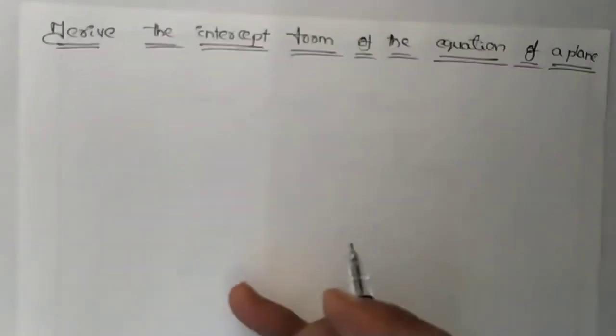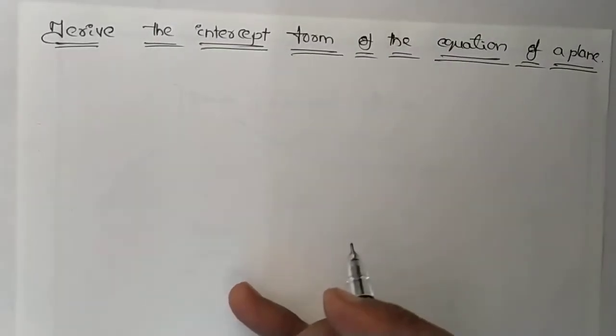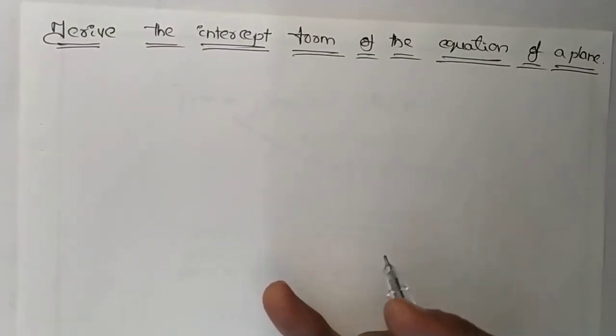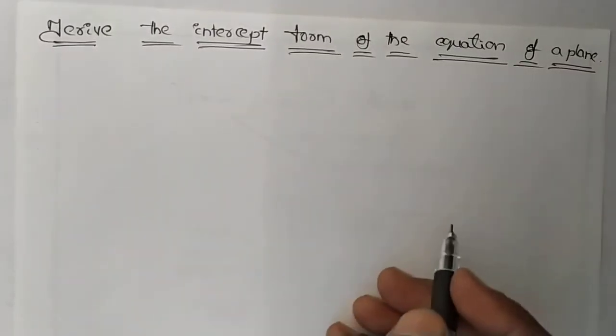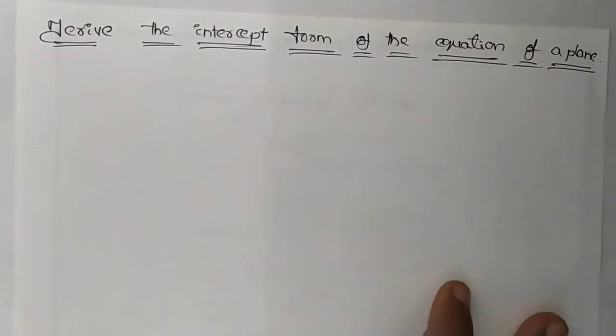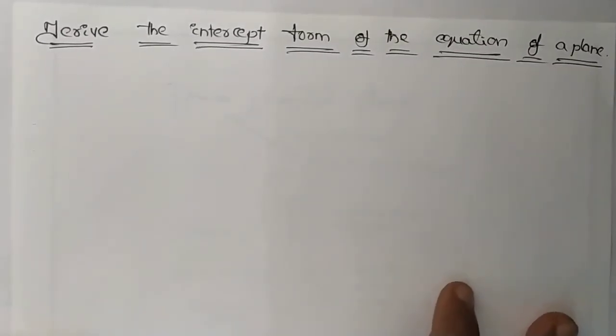We know the intercept form of the equation of a line. What is the intercept form of the equation of a line? That we already discussed in our first PUC. The equation of a line in intercept form is x by a plus y by b plus z by c equals 0. These things we already learned in our first year PUC.